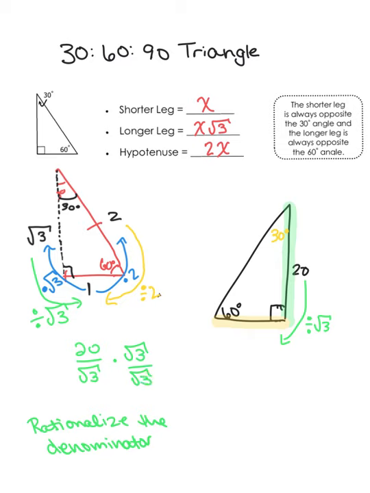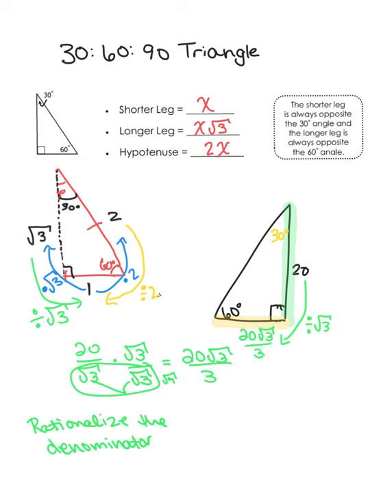So 20 times the square root of 3 is just 20 square roots of 3. The square root of 3 times the square root of 3 is the square root of 9. The square root of 9 is just 3. Anytime I multiply a square root by itself, I'm always just going to end up with the number in the middle. So this is 20 square roots of 3 over 3.